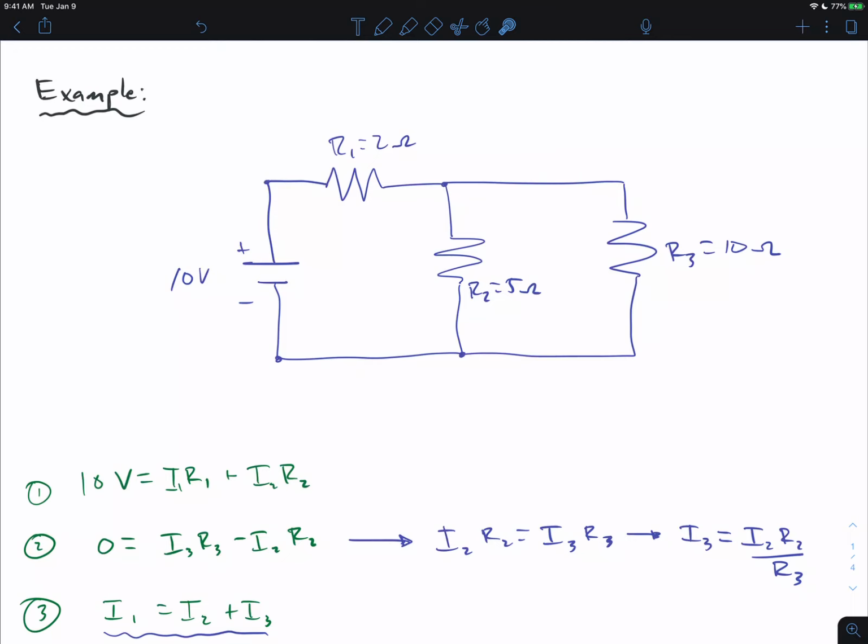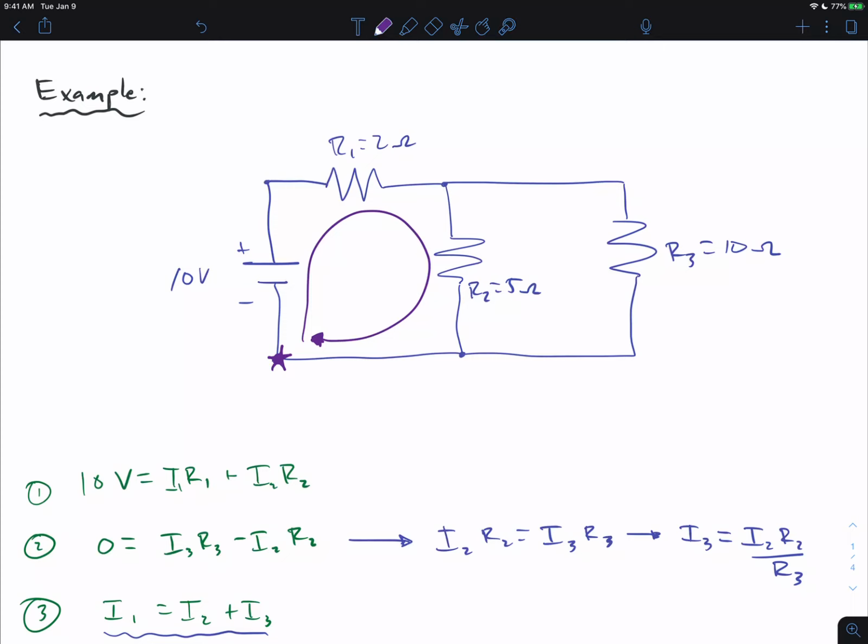The first one is our loop rule, right? Let's say I start from this corner right here. This is my home. Then I go all the way across this way in this loop. When I do that, I use Kirchhoff's second law, which says that this whole loop has to equal 0, right?